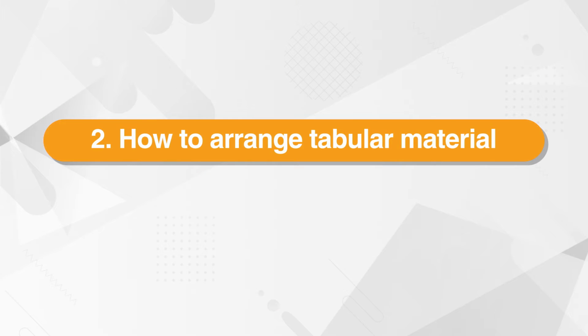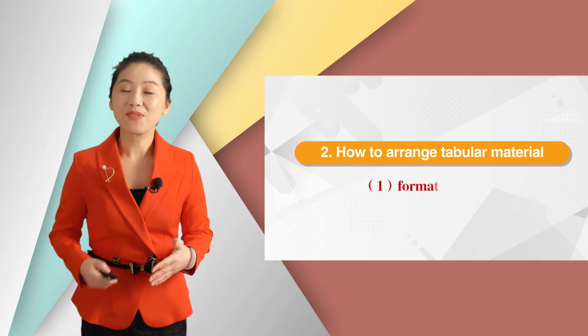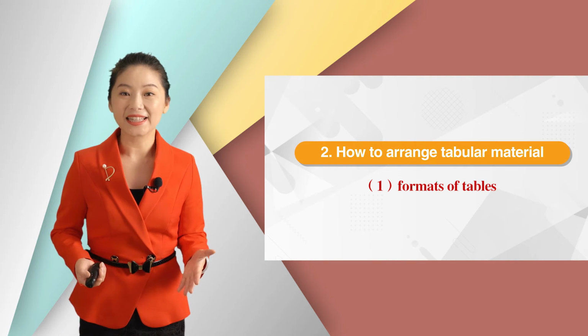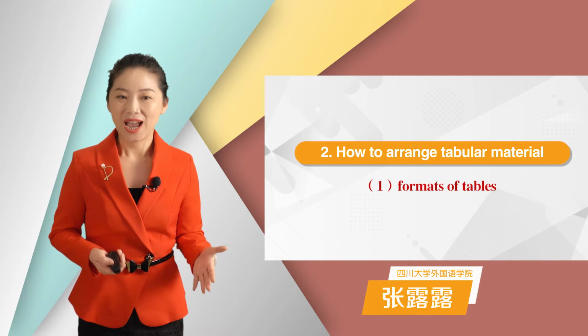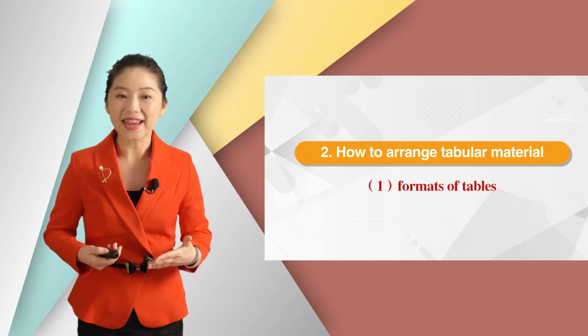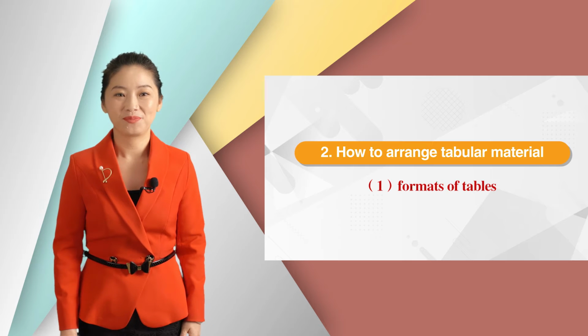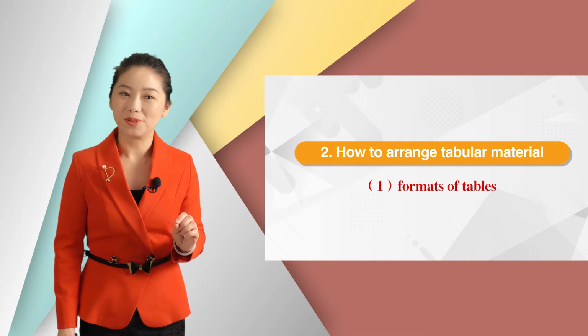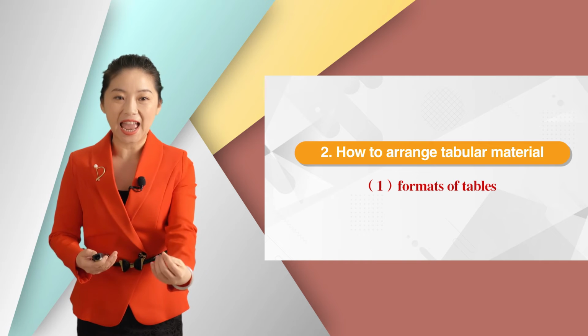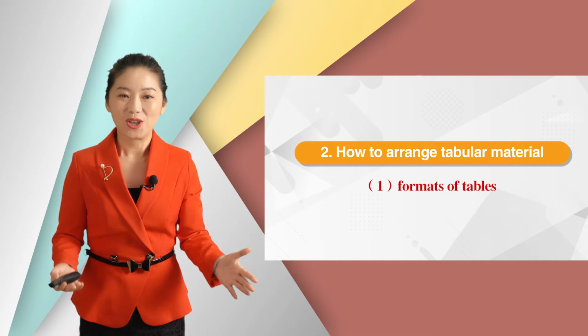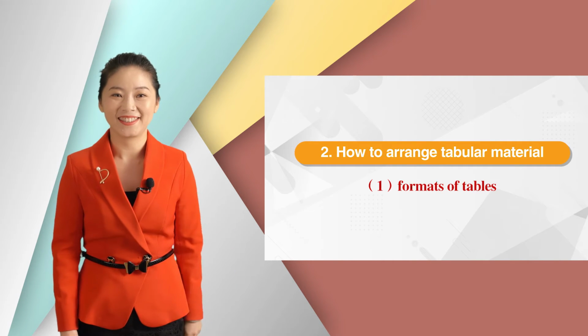How to arrange tabular material. Having decided to tabulate, you ask yourself the question, how do I arrange the data? Since the table has both left, right, and up, down dimensions, you have two choices.